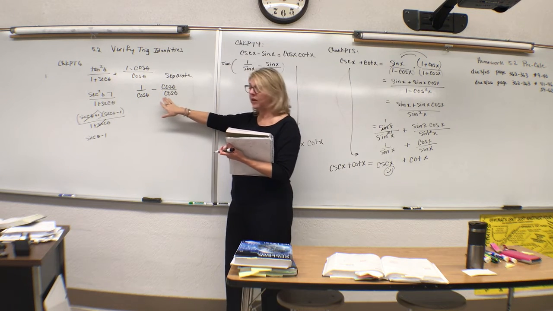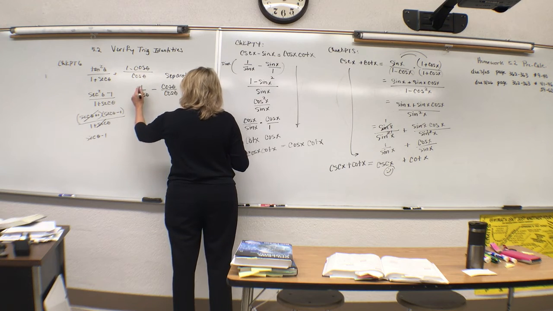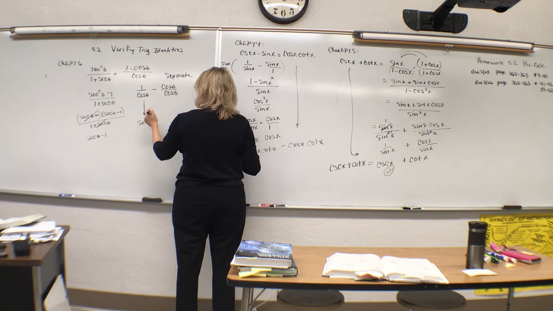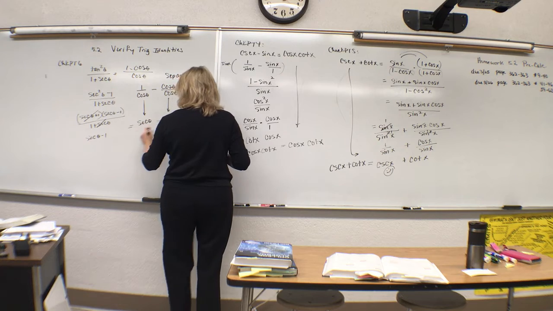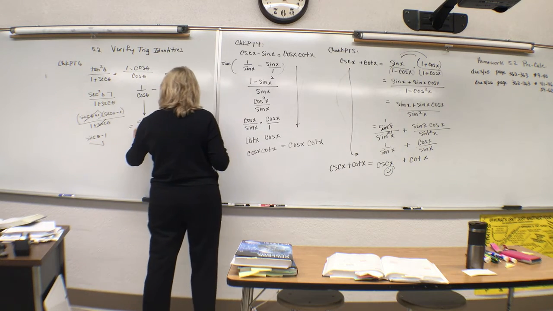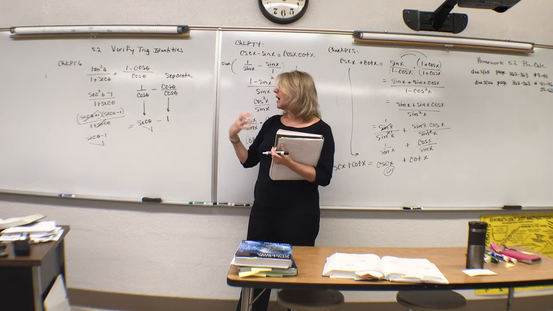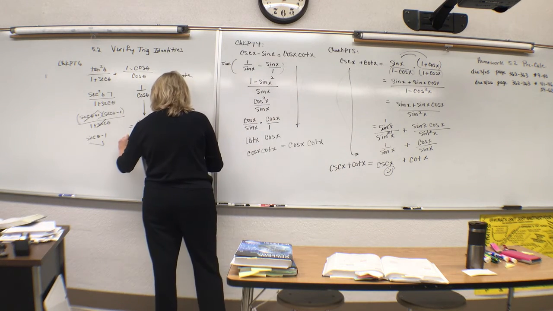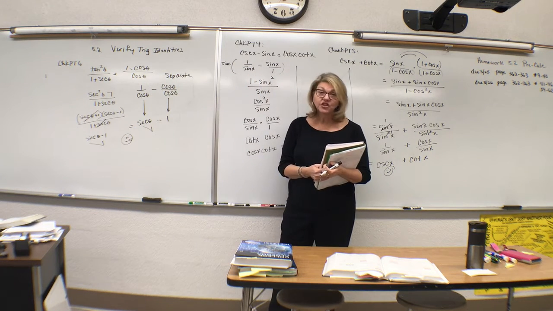It has to go with both. Then I'm going to use the reciprocal identity here because I know that 1 over cosine is secant. And of course, cosine over cosine is simply 1. So notice now I've made the left look like the right. Neither one of them look like their original. I had to rewrite in both cases, but in fact, I have verified the truth value of the equation. This is checkpoint number 6.